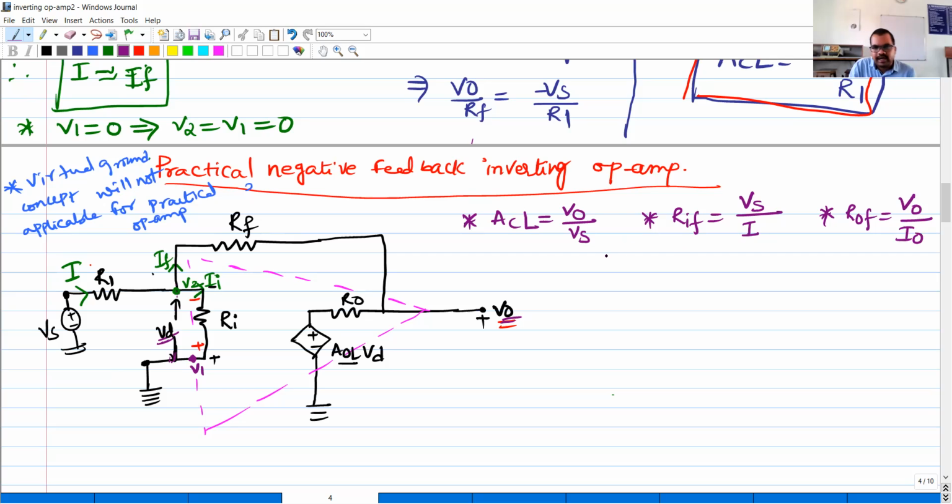We are going to calculate these three for the practical inverting operational amplifier. Okay.